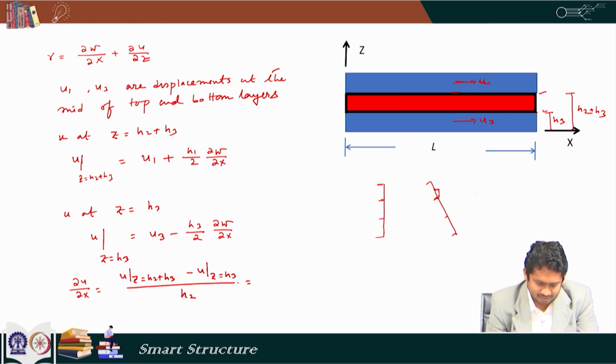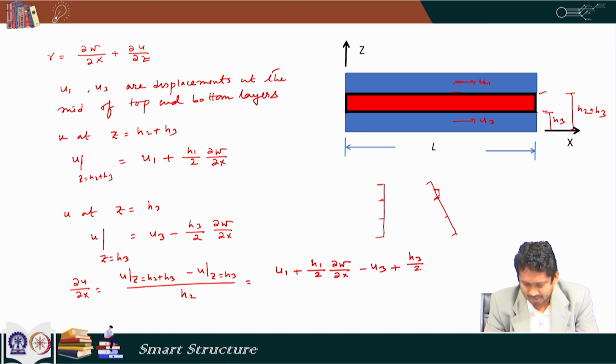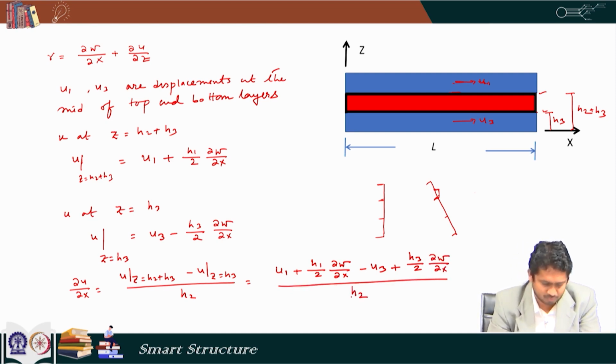And if we do that, then the quantity that we get is u1 plus h1 by 2 into del w by del x minus u3 plus h3 by 2 into del w by del x, and then that quantity is divided by h2.